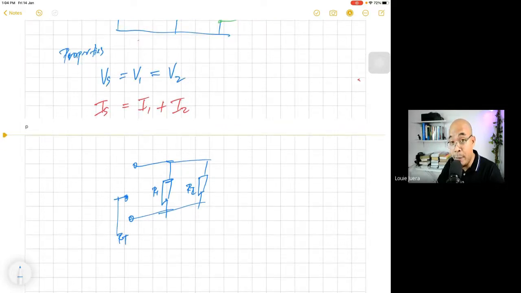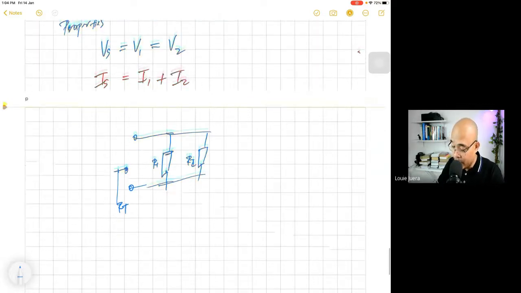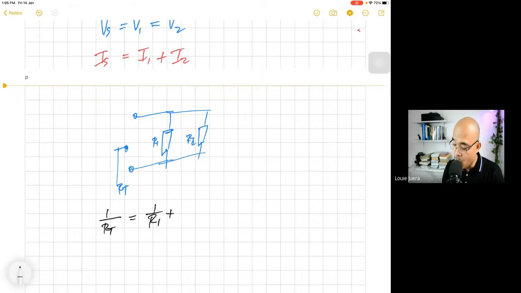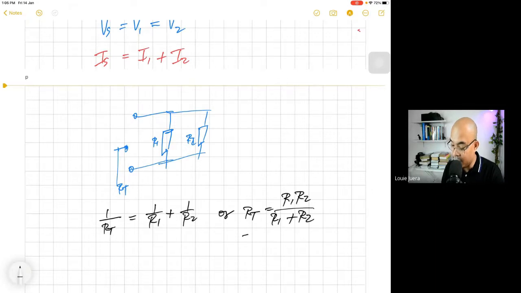To solve mathematically, the formula is 1 over R total is equal to 1 over R1 plus 1 over R2. Or if you only have two resistances in the circuit, we can also use this formula: R total is equal to R1 multiplied by R2, divided by R1 plus R2.